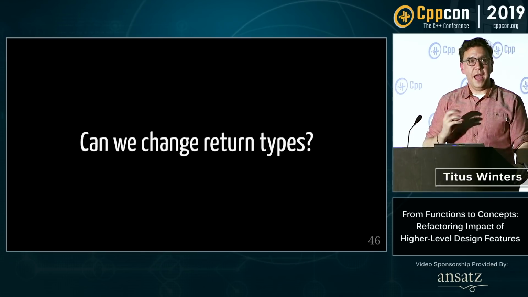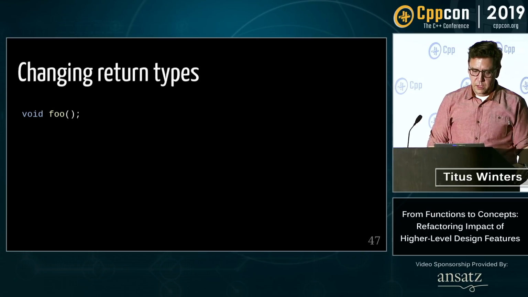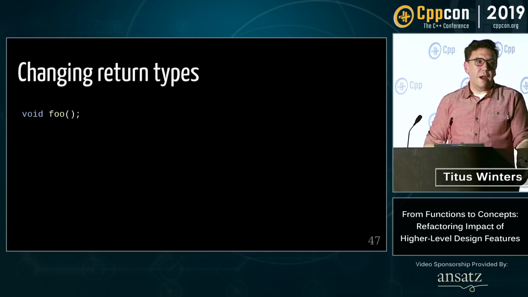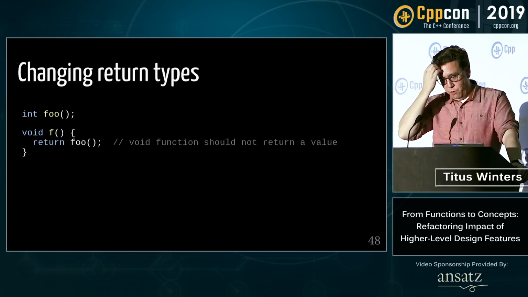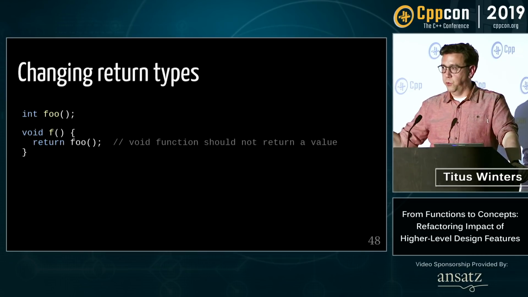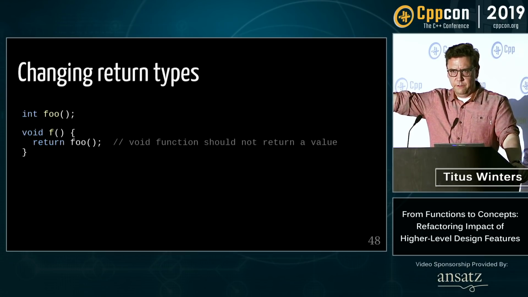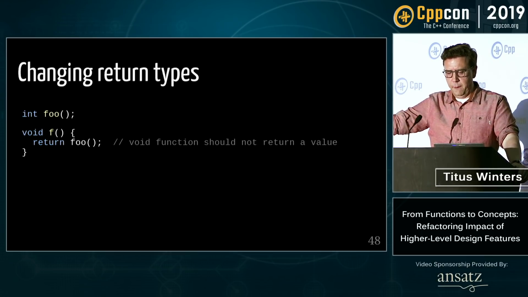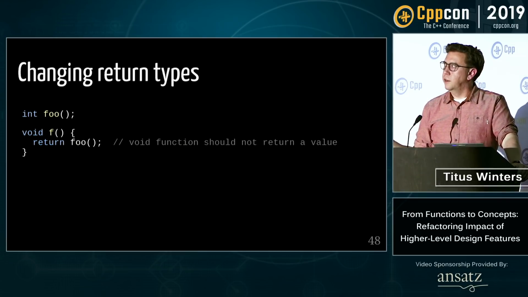Instead of changing the behavior of your function, how about we change the type signature? Can we change return types? In the case of void, probably yes, mostly yes. The only thing that I've ever actually seen go wrong here when changing a void function to return something is when callers are writing out return statements that invoke your existing void function, which is weird and rare, probably not worth losing any sleep over.